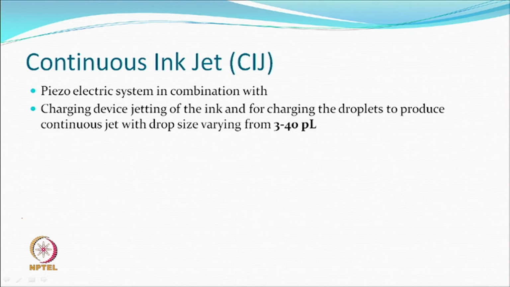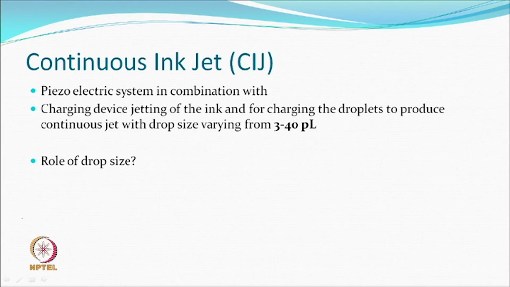If the amplitude change is less, less material will be pushed. So what is the droplet size? You are looking at 3 to 40 picoliters. It is very small, so obviously the control has to be good.